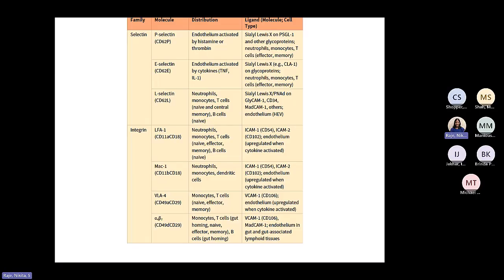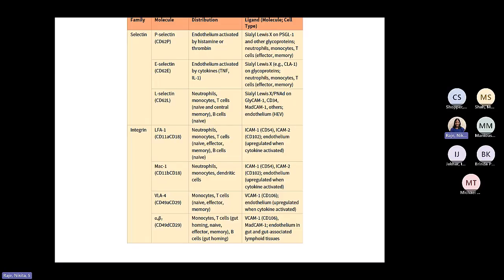There is another one called CD11C, CD18. All three of them have the beta chain CD18 in them, and the alpha chain is different for each one. MAC1 also has another name called complement receptor 3, and CD11C, CD18 has another name called complement receptor 4.